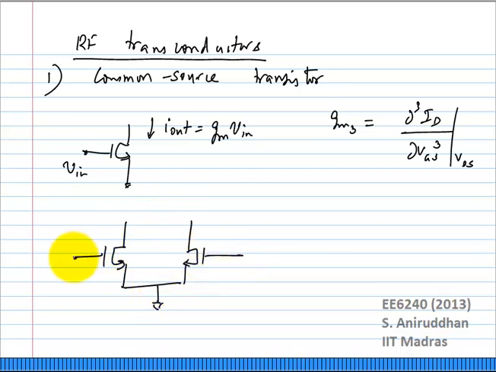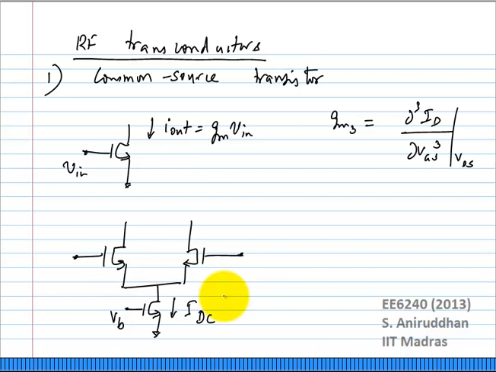Suppose I had a pseudo differential common source pair. What is the IIP3 of this? Again, infinite, as long as they are purely square law. If I bias it using a current source, what is the IIP3 of this? It will not be infinite.